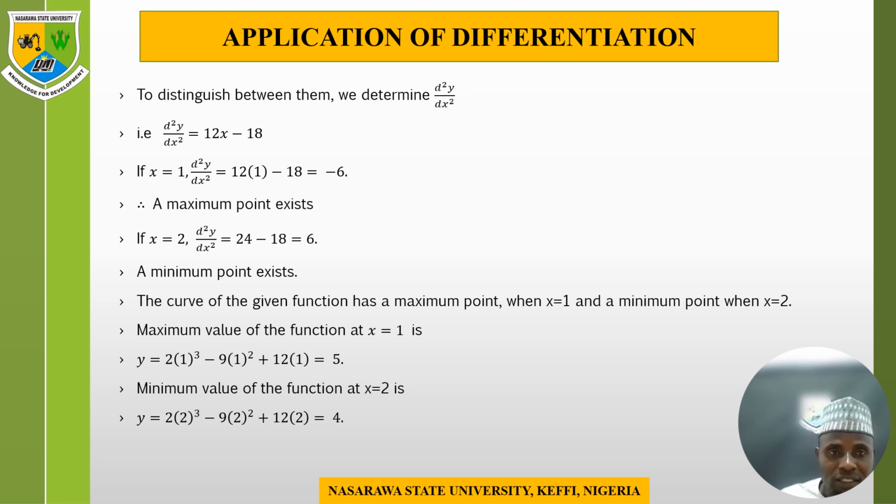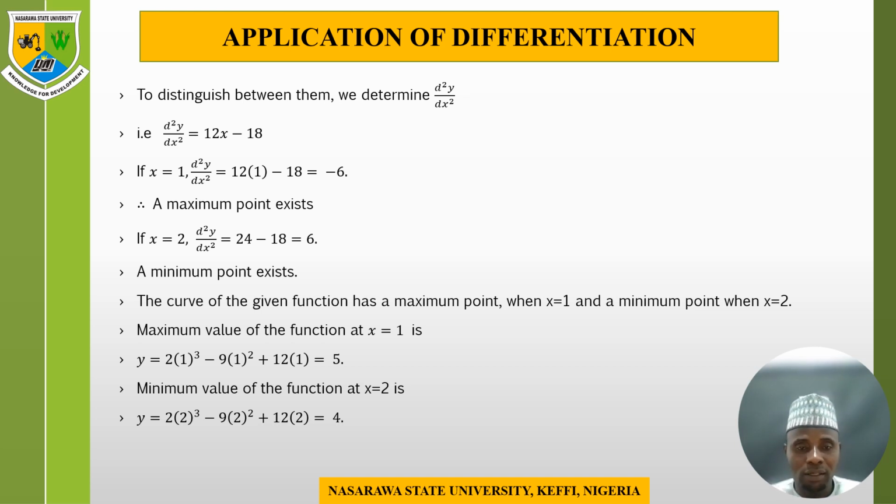At this point, if x is equal to 1, we substitute to replace the value of x, and we have the result to be minus 6. Since the result is negative, it defines that it is a maximum point. That is, the maximum point exists when x is equal to 1.